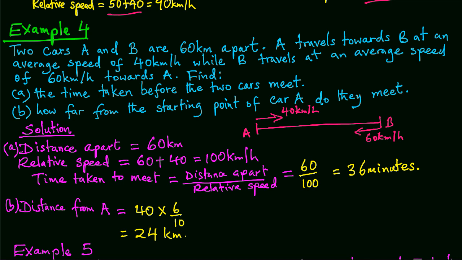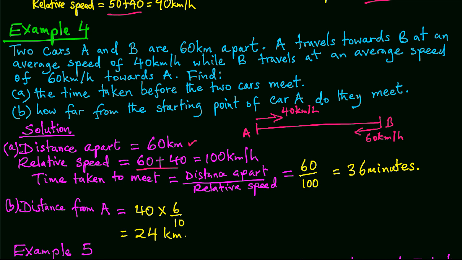So the distance between these two cars is 60 kilometers. Now the relative speed, since they are approaching each other, is the sum of the individual speeds.